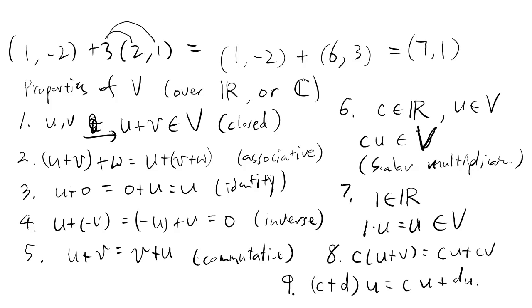Okay, looks like a lot. We wrote down 9 properties or 9 requirements a mathematical object should satisfy in order to be called a vector space. But in fact, because these are so common in many operations that we use in mathematics, many things turn out to be vector spaces.